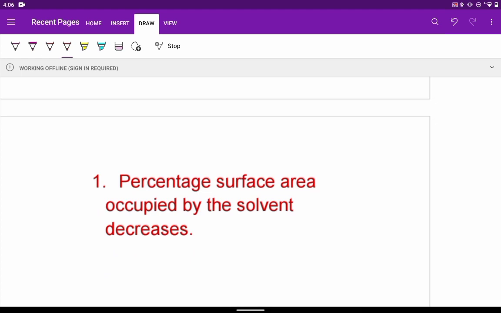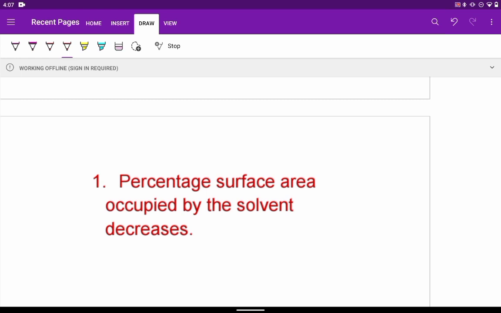First thing being the surface area occupied by the solvent. The surface area which is occupied by the solvent decreases by a certain percentage.